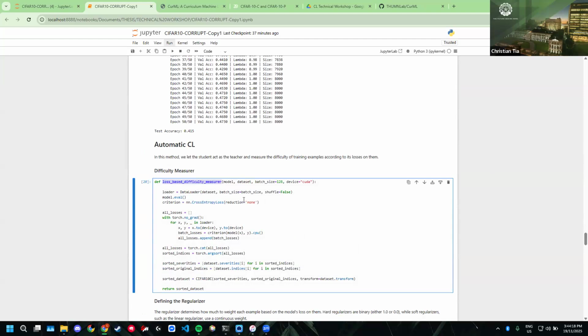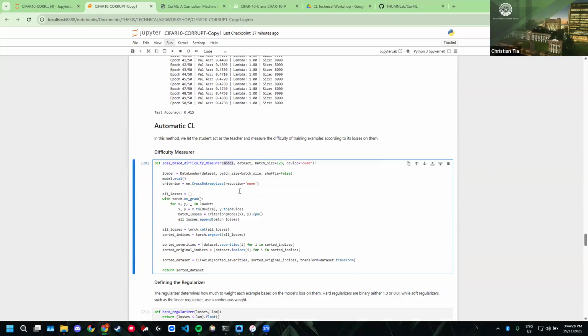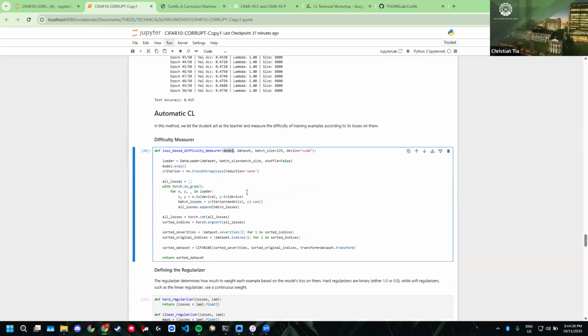Now the difficulty measure, where previously it was the severity level that we defined, is loss based. Every time we want to sort the training set according to difficulty, we will do a forward pass using that student model, and based on their loss on each example, that's how we determine difficulty.